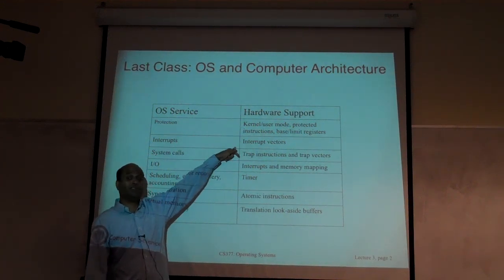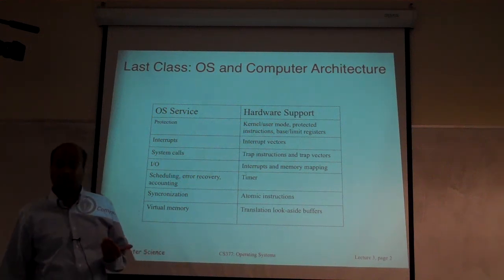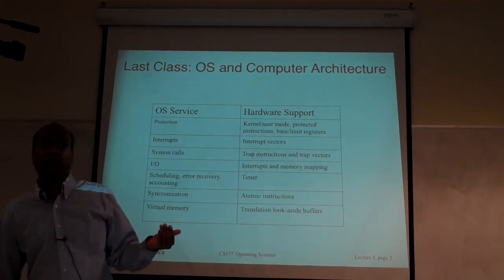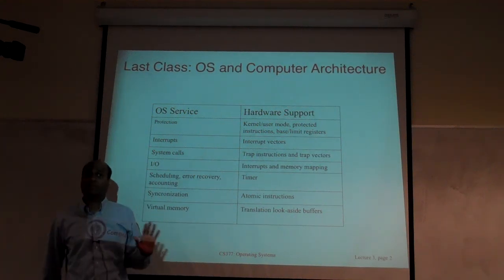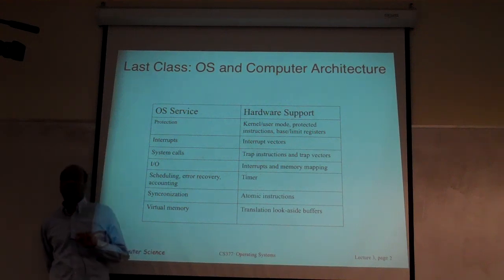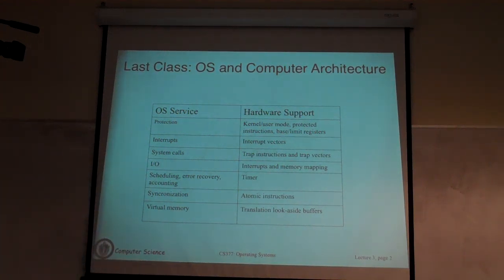The other one to remember is the trap instruction. A trap is a special condition that actually raises an equivalent of an interrupt, which causes the OS to jump into a service routine and execute the trap. Okay, we saw how system calls are implemented using that notion of a trap. Okay, and we will talk more about system calls today, but this is just a quick recap. Before I move on, are there any questions on this?